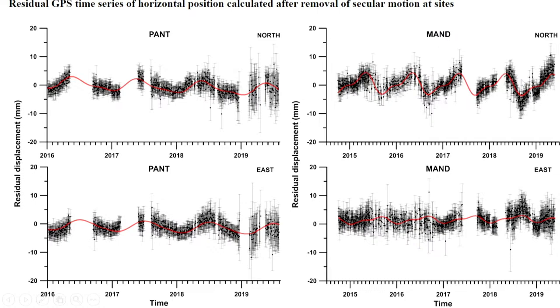As this region is very active tectonically, we see a big amplitude of the sinusoidal motion in the Chamoli region than in the IGP, the Indo-Gangetic plain. We can see this non-tectonic contribution is maximum in the north component, and in the east component it is not maximum, it is minimum.